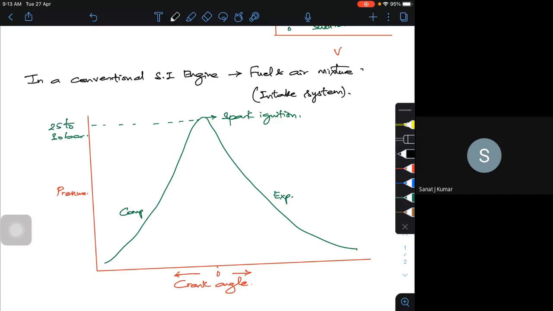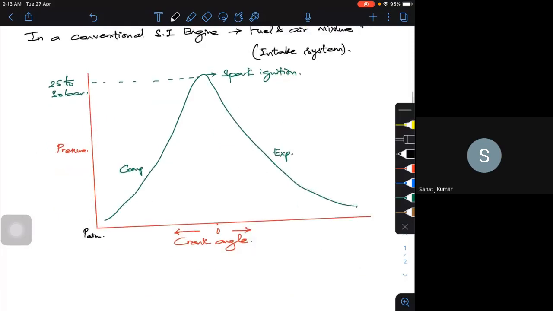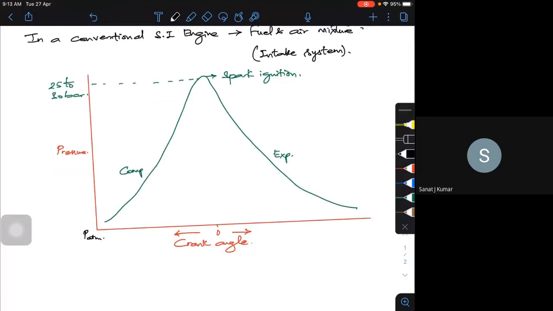If I take this as a reference, P atmosphere, it is around 1 bar or 1.0132 bar. So this is about spark ignition, and this is how the P-theta diagram looks. We call it a P-theta diagram for an SI engine.